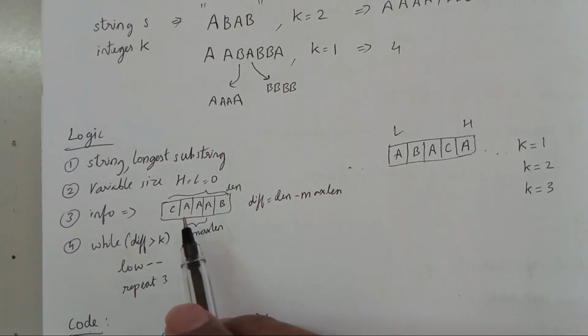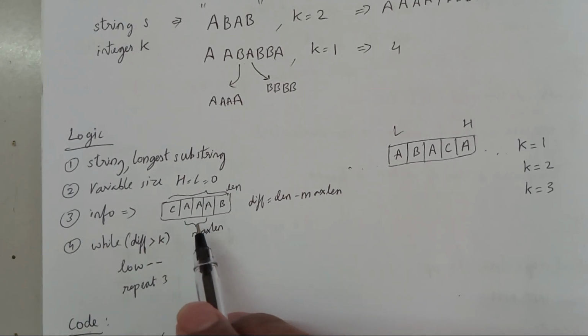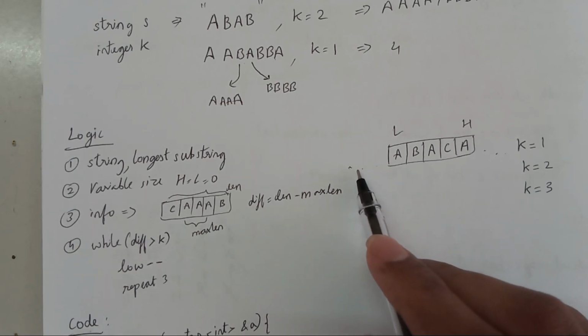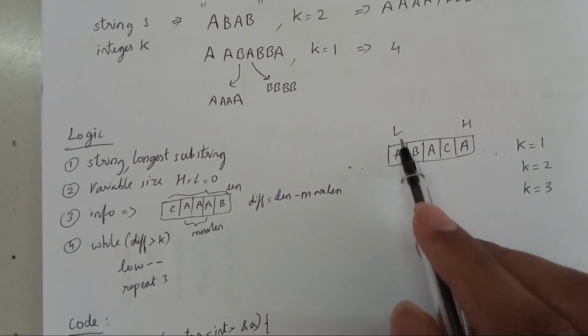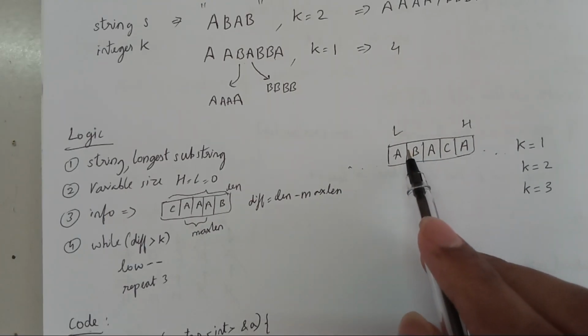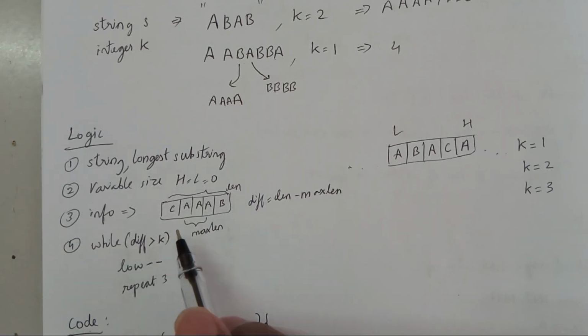And the next step is we need to find the information of the window or condition of the window. So here, suppose this is the whole string, and we have L here and H here. Now what is the main condition? In the while loop, we need to reduce the window size.